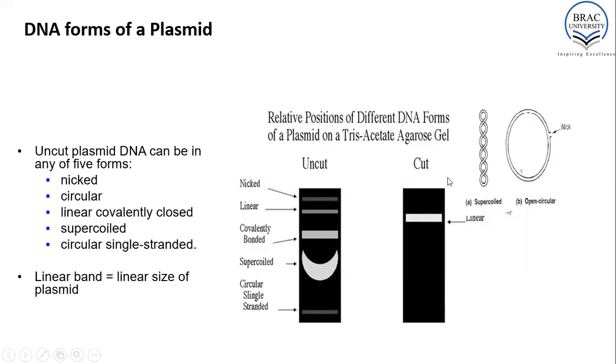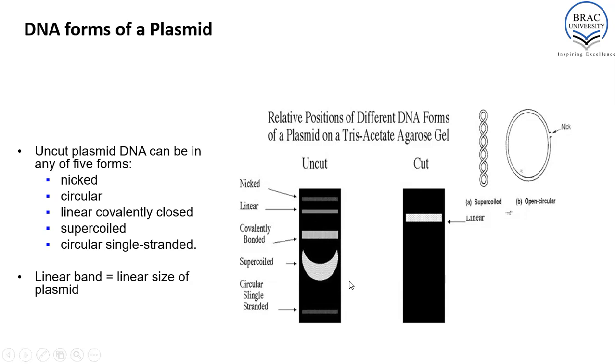And for the treated plasmid, if the restriction enzyme cuts the plasmid at one site, it just linearizes the plasmid. But if the restriction enzyme cleaves the plasmid at multiple sites, then you will get multiple bands on the gel.